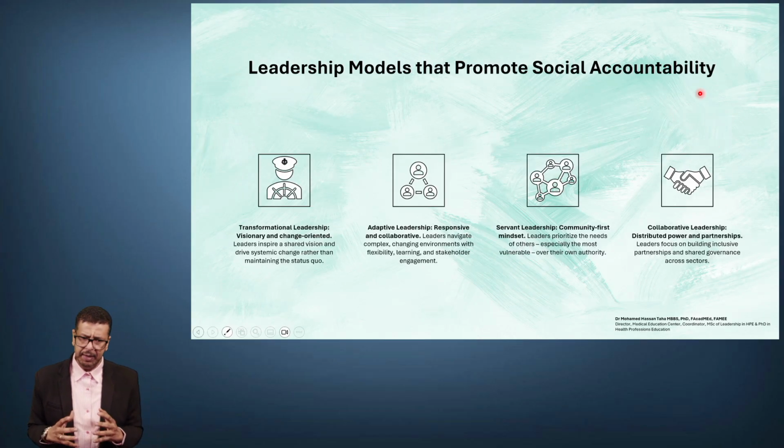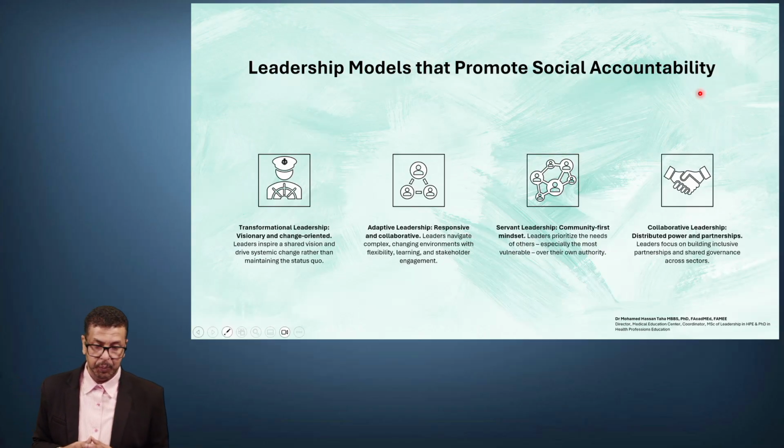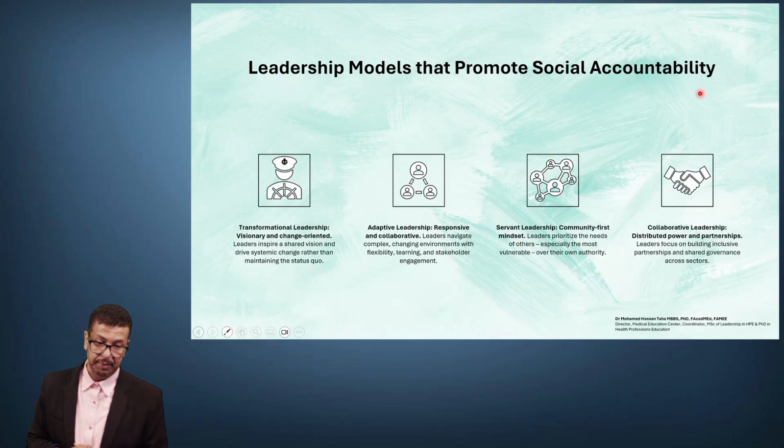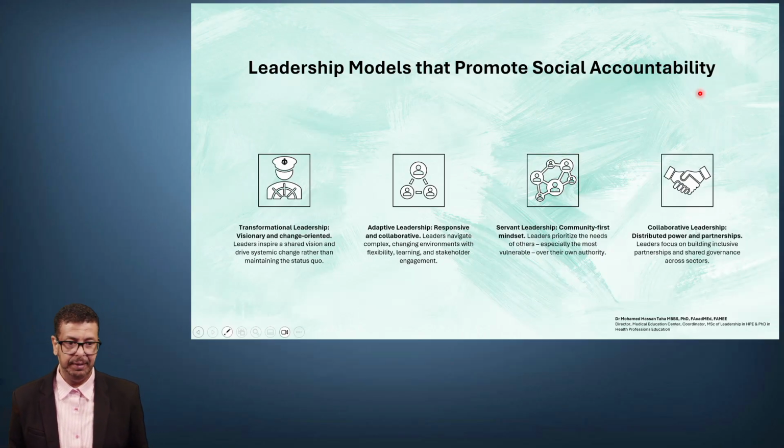Several leadership models available in the literature can serve in advancing social accountability. Let us start with the transformational leadership models and visionary change-oriented leadership.